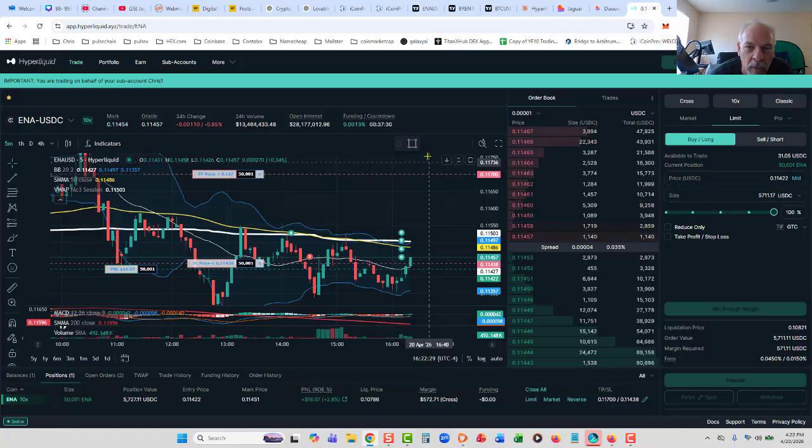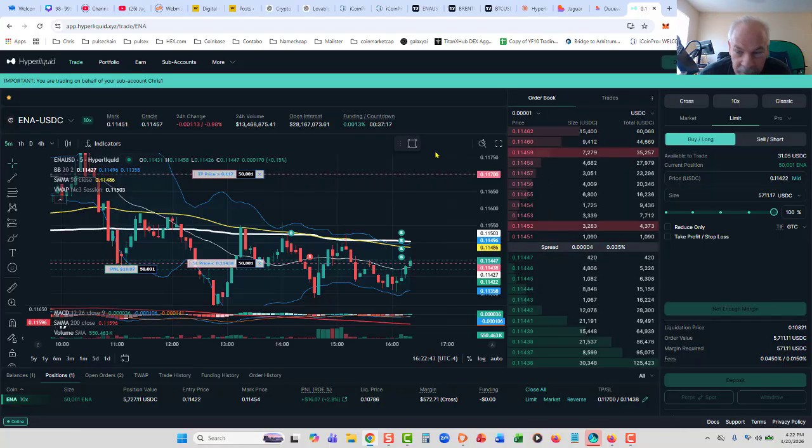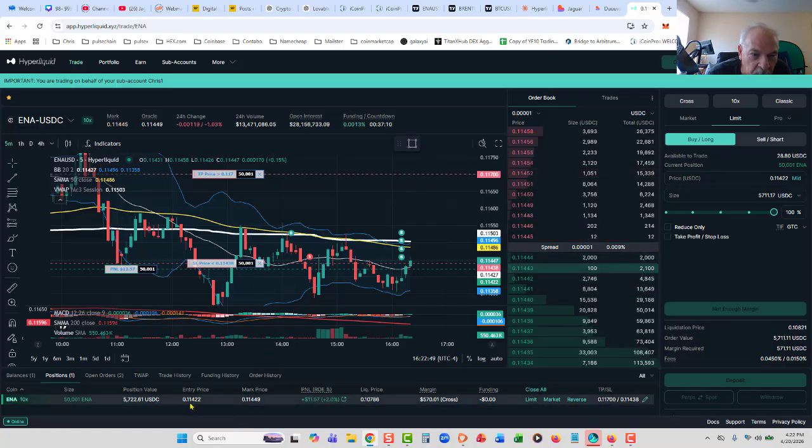With bigger accounts and leverage, you can make substantial profits that way. So I'm going to ride this out. You can see we got in here at entry price 0.11422, and it's up a little bit. We've been in this trade, what, 10 minutes?